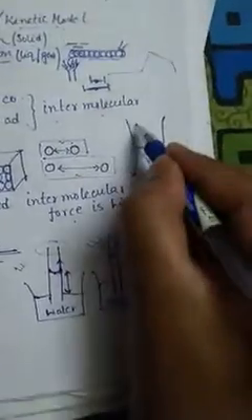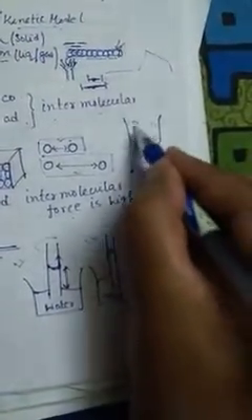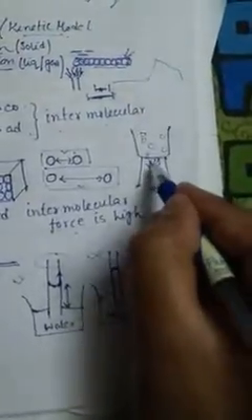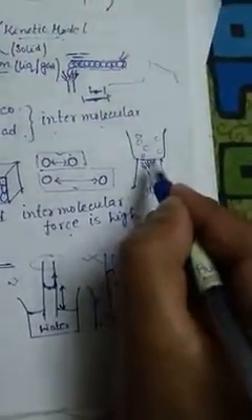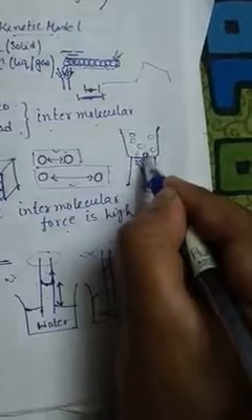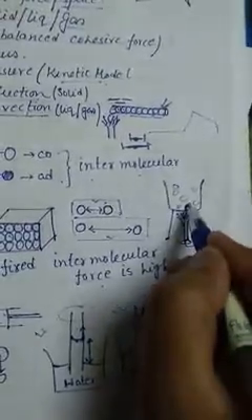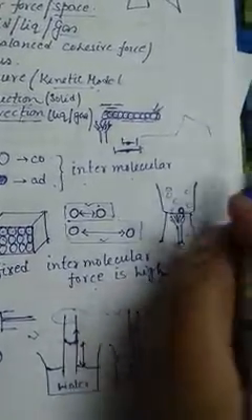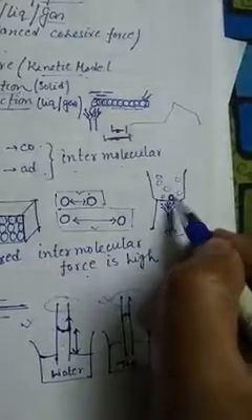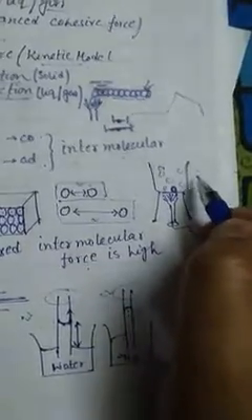All the molecules are here, and when you are heating, at first the molecules nearest to the burner will absorb the heat, and when they absorb the heat, their kinetic energy will increase, because absorbing heat means an increase in kinetic energy.